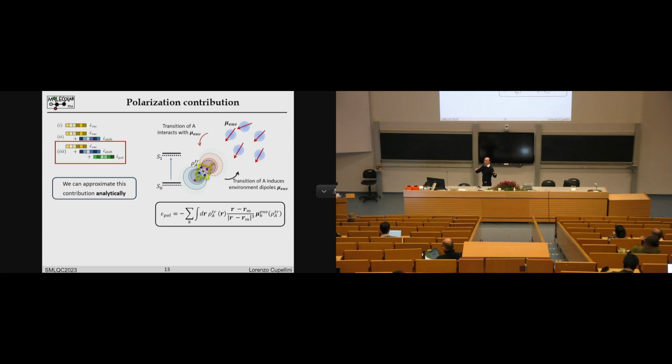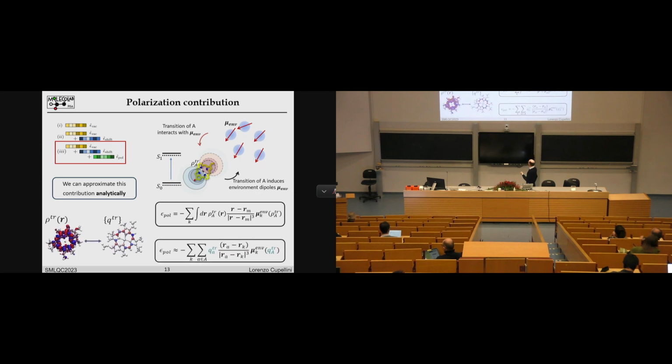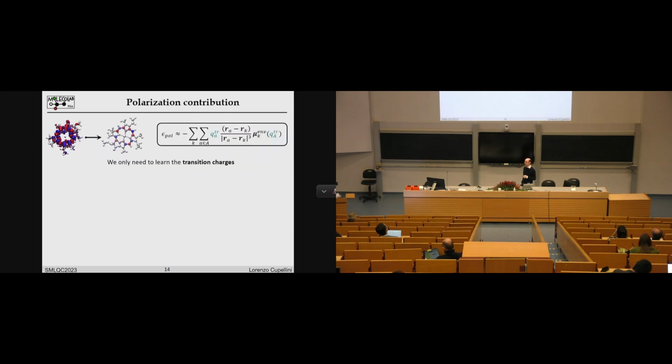The transition density is a generalization of the transition dipole. So we can represent again the transition density, instead of an actual density, as charges on each atom of the molecule. And this simplifies the expression. And then we only need to know these transition charges to compute the polarization contribution to the excitation energy.